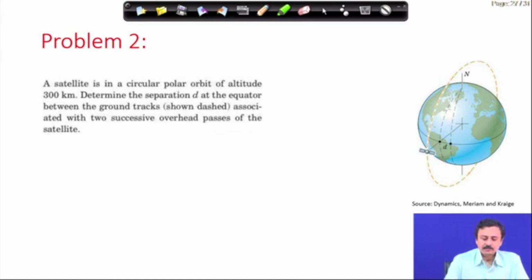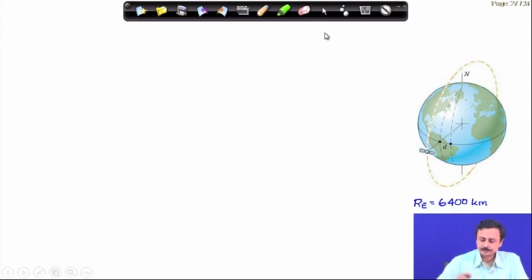So, associated with 2 successive overhead passes of the satellite. Radius of the earth is 6400 kilometer, the height of the satellite from the surface of the earth is 300 kilometer. We have to find out that separation distance of the 2 points on the equator, which will be underneath the satellite when it comes back after one orbit.